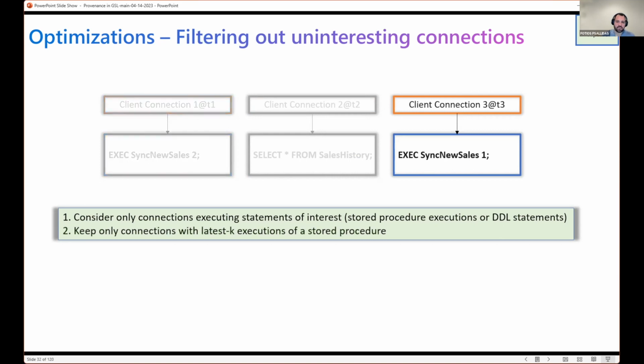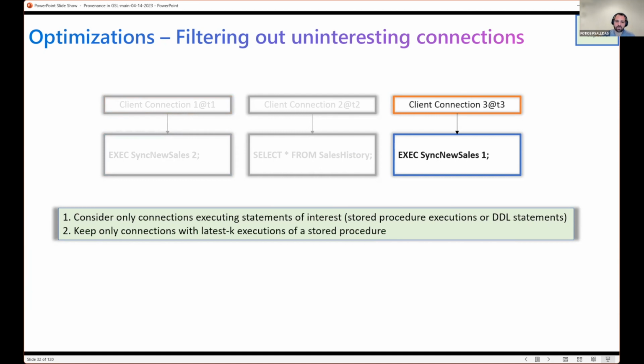And the second optimization, as part of this optimization, is that we can keep only the connections with the latest K executions of a stored procedure. And in production deployments, we are setting K equals 1, which is the stricter version of this optimization.